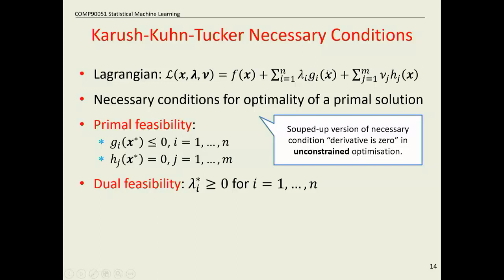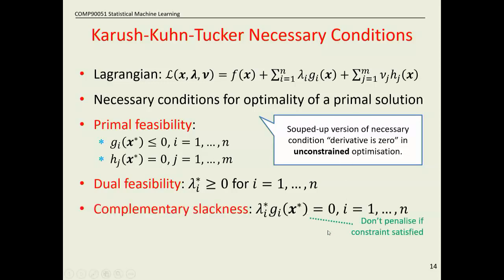Negative is okay if g is negative. But if lambda were allowed to be negative, this thing could be large and we might be penalising. So we don't want that to happen. In fact, when g is negative, we're going to want to set the lambdas to be zero. We don't want to penalise when g is happy. And when h is happy, these terms are automatically going to be zero no matter what we set nu to, so we don't have to worry about constraining the nus at all.